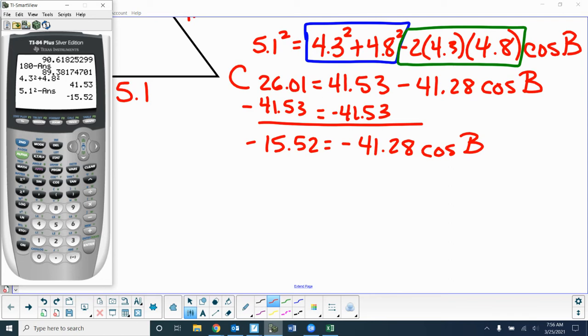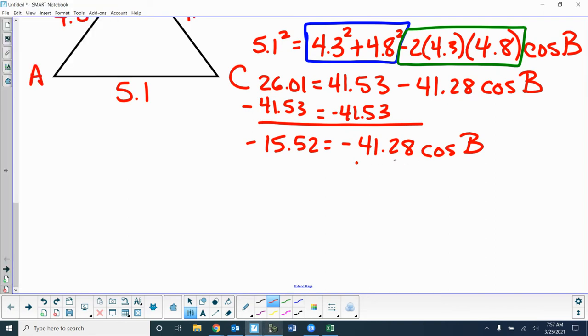Now remember, this negative 41.28 is being multiplied by the cosine of B. So when I move the negative 41 over, I have to divide it over. That's where some of us were making a mistake yesterday.